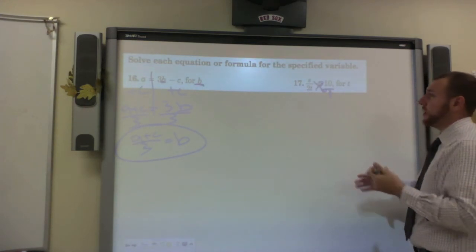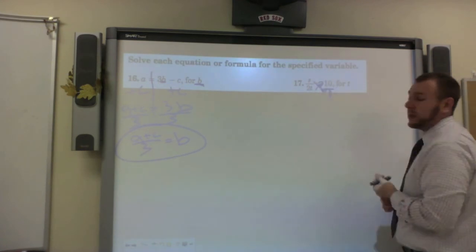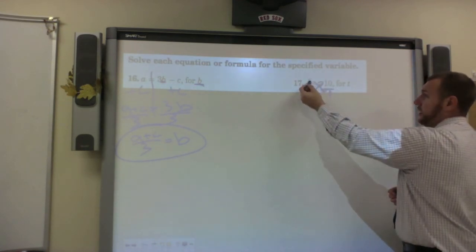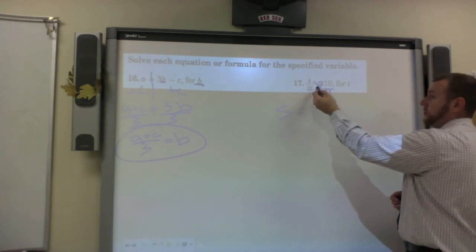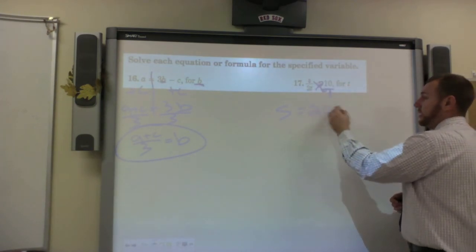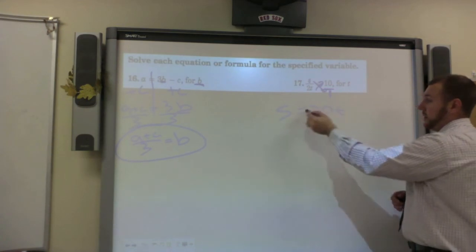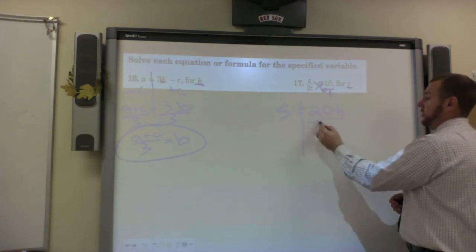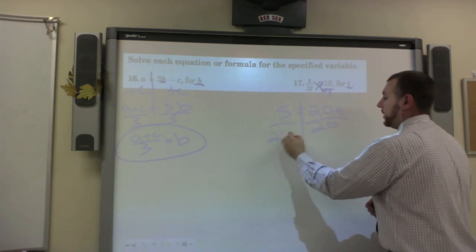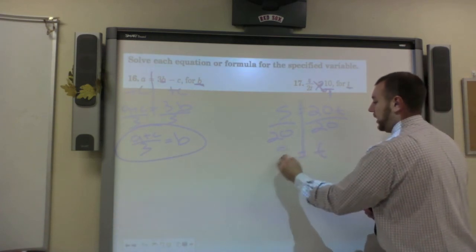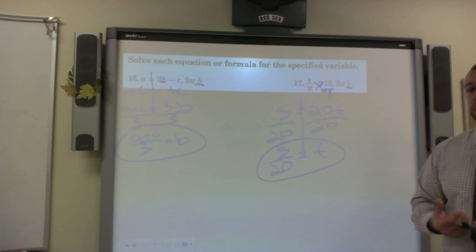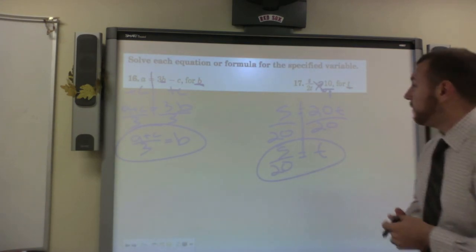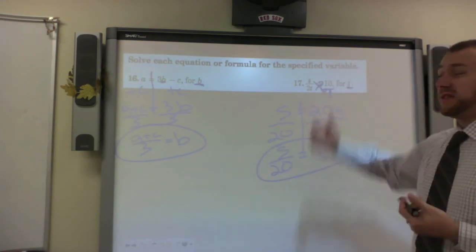There's no other steps that you have to do. S times 1, S equals 2t times 10 is 20t. Then, just to solve for t, divide by 20, I got s over 20. Proportions are the easiest fractions that you can, because all you have to do is cross multiply.